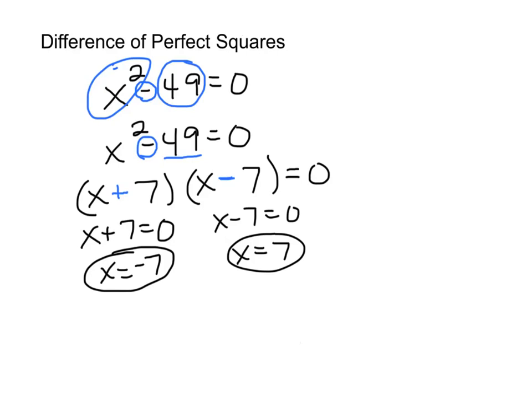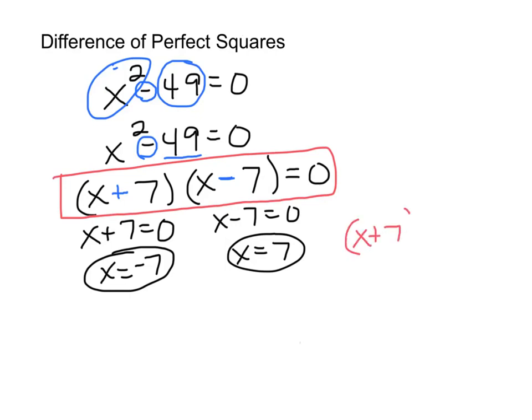I do want to go back just for one moment just to show you. If you have x plus 7 times x minus 7, remember I had always said that we could check this by doing FOIL. X times x is x squared, that's the first. Then the outer is subtract 7x.